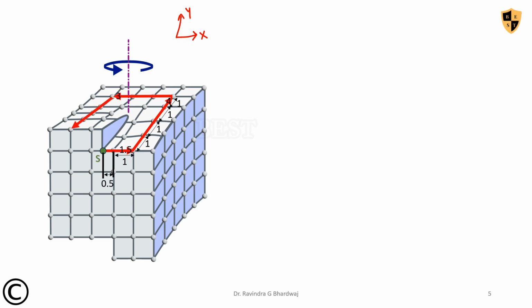It's up to you; you can also move 4 units, or 2 units is also fine. Now, as I moved 4 units in positive y, I have to move 4 units in negative y direction.